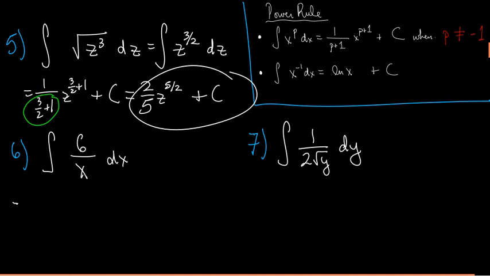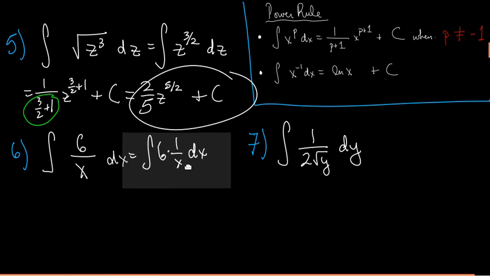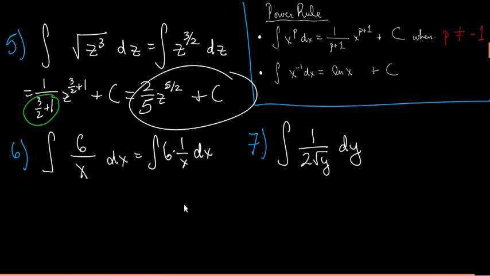Well, this is going to be the integral of 6 times 1 over x. But remember, now if you rewrite this as a power, how are you going to do that? Let me put this up here, actually, so we'll have a little bit more room. Right here. Okay? So if you rewrite that to get the power, you get 6x to the minus 1 dx.